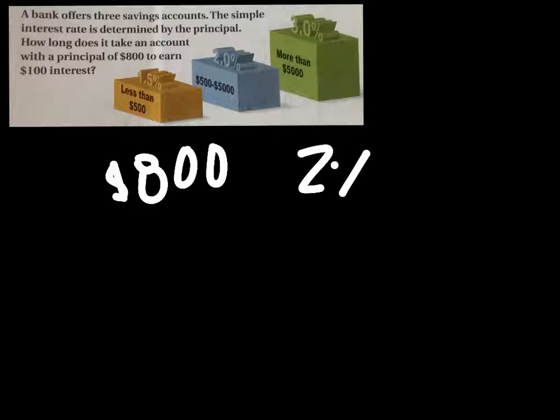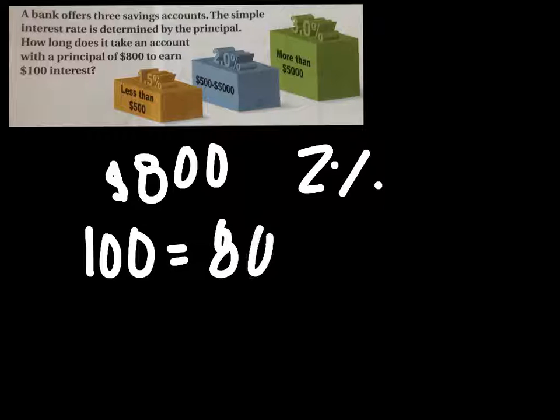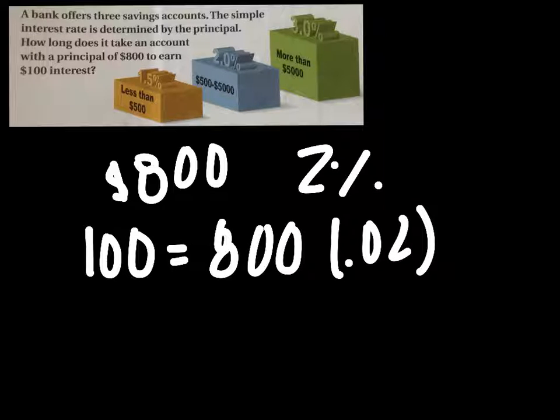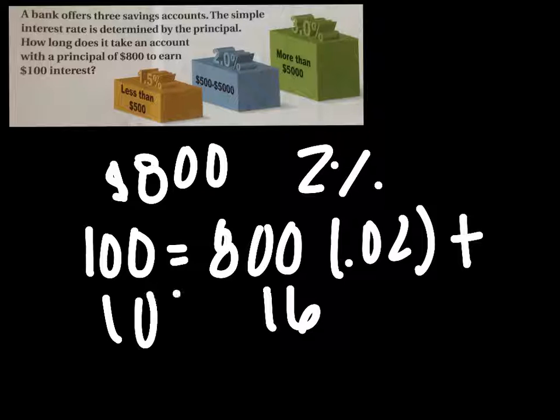So for our interest, we're going to put $100 because that's what we want to have. Our principal is $800. Our percent is 0.02. And we don't know the time, okay? So 800 times 0.02 is 16t.